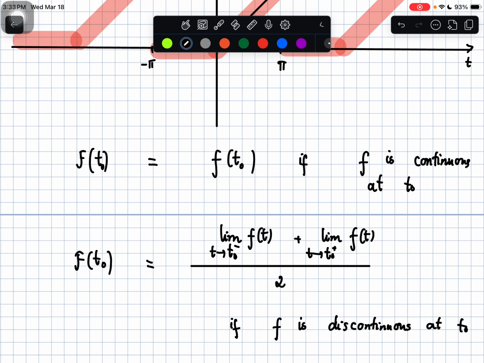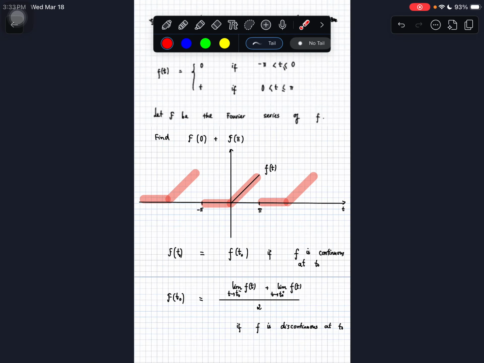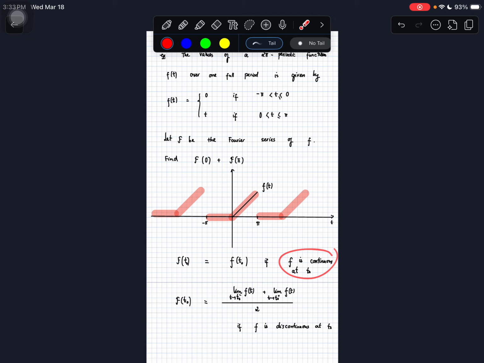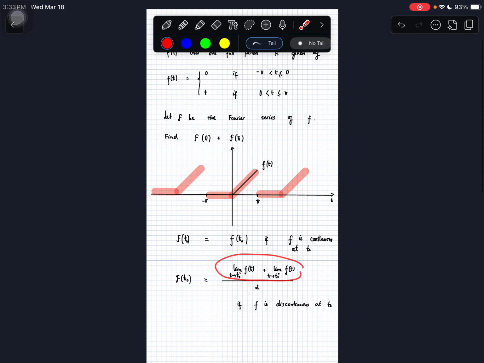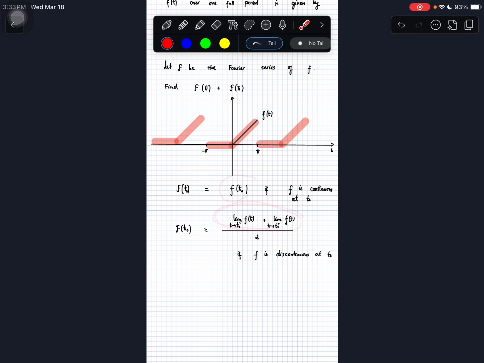We in fact can use this same formula for all t0, because if the function is continuous at t0, the left-hand limit equals the right-hand limit, equal to f at t0, so 2 times f at t0 over 2, which is f at t0.